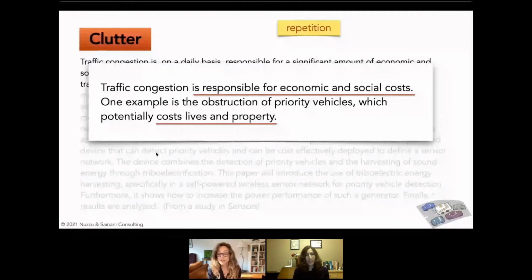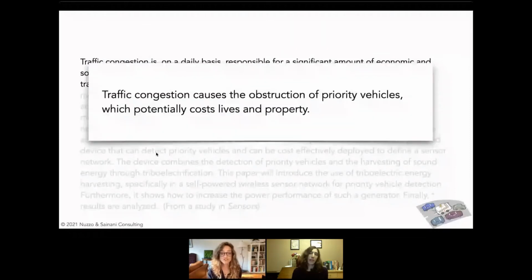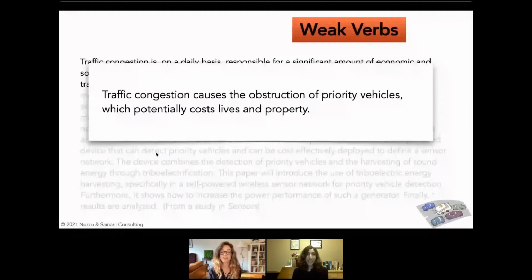Right. So let's see if we can combine that. Traffic congestion causes the obstruction of priority vehicles, which potentially cost lives and property. Much better. All right. Okay. I like it. I like where we're going on this. Now I want to point out weak verbs, which is something that you also talked about, causes the obstruction of, and I think you had one that was provides an explanation. Presents an explanation, same construction. Yep. Right. Same thing.